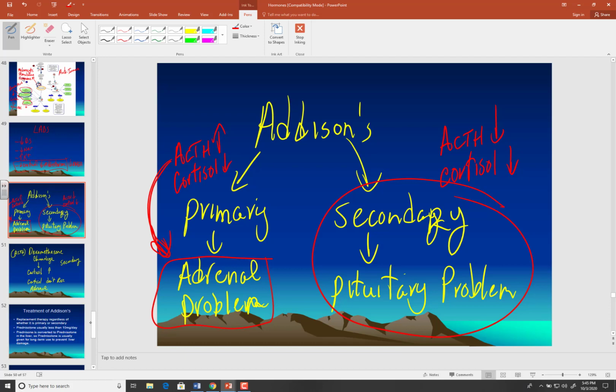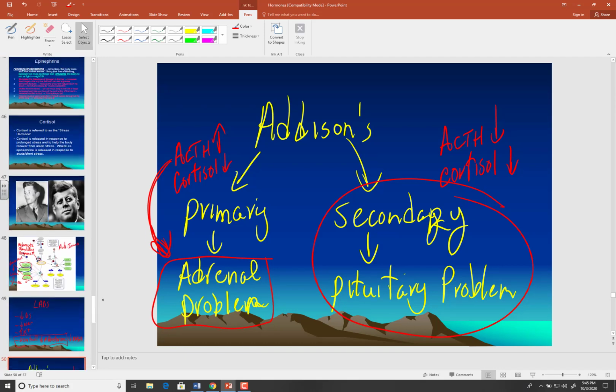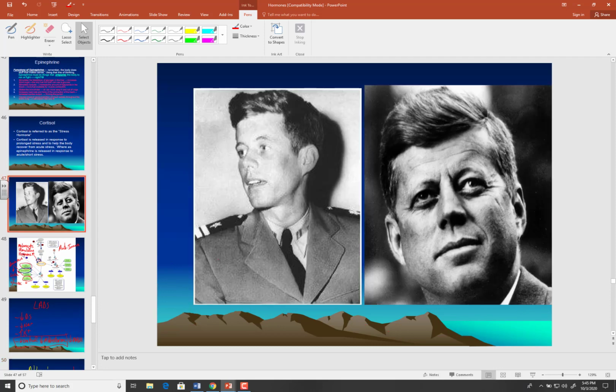So if you look here, young Kennedy and then older Kennedy, his face kind of got more round, and he kind of had that tan too.